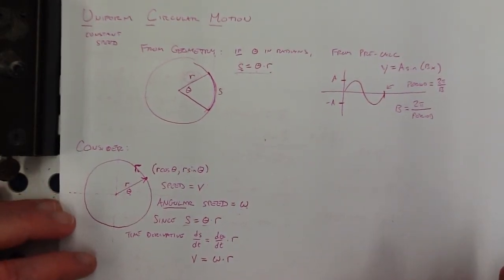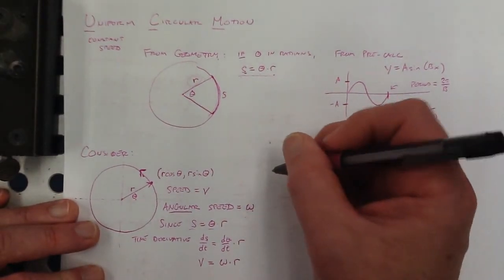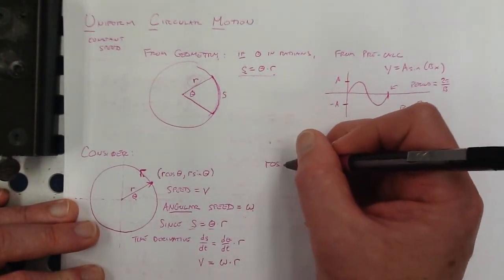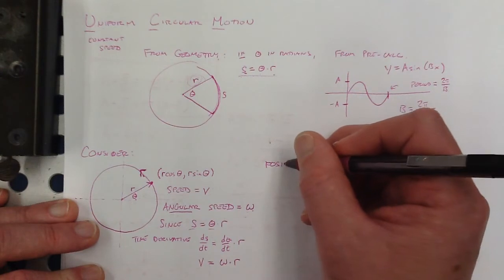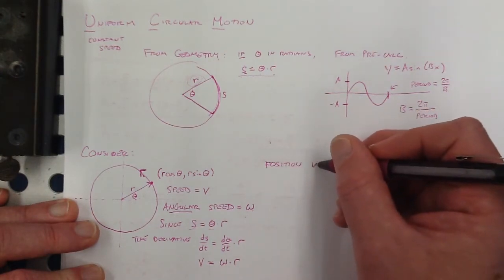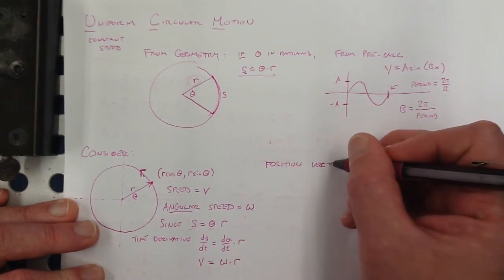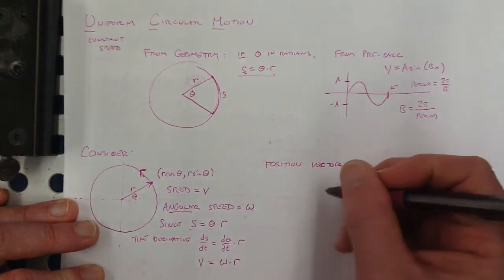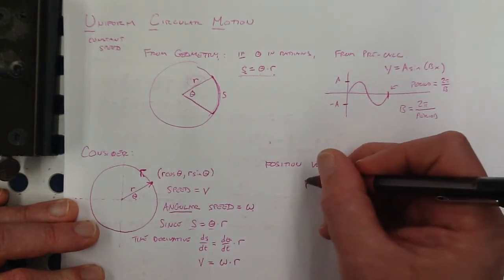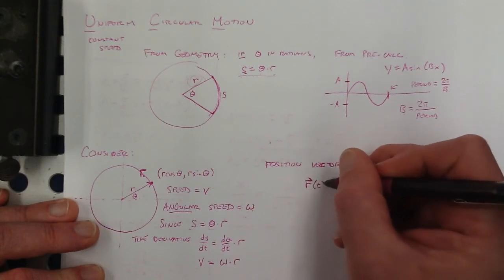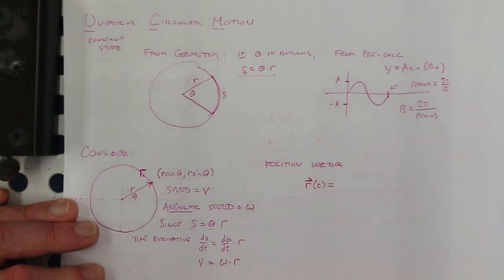And now, our position vector. I'm going to call this r, the vector r, which is changing with time here.